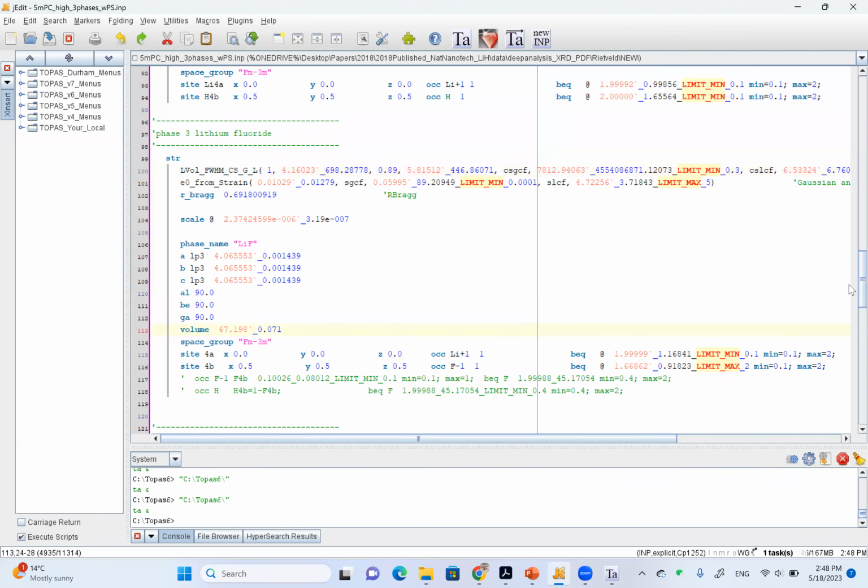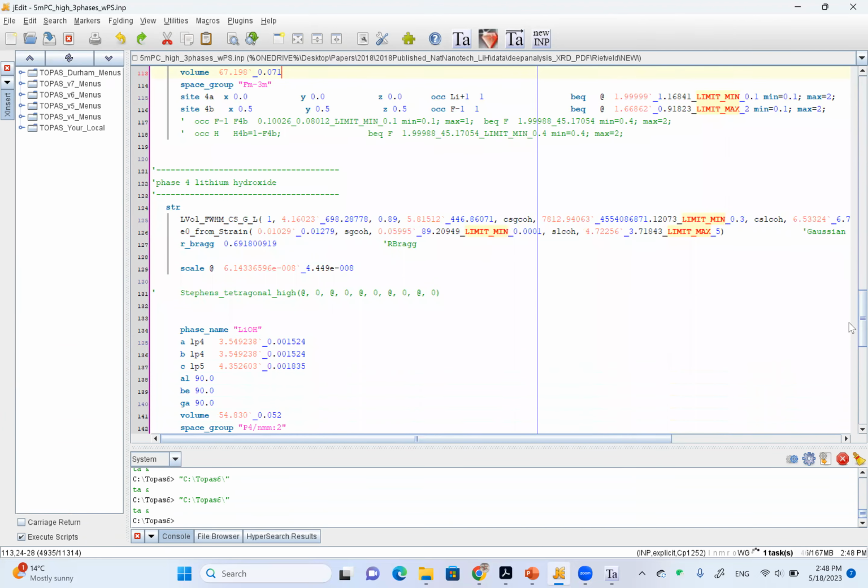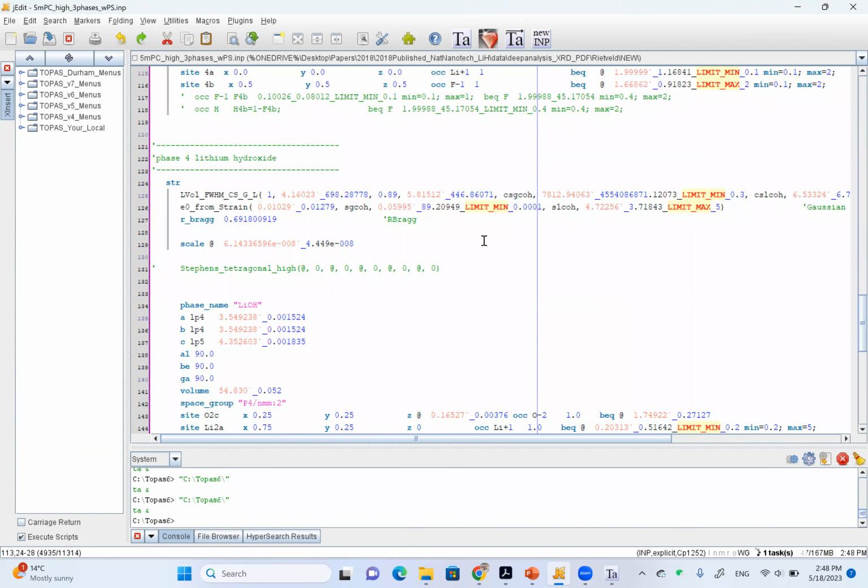Okay. And for lithium hydroxide, we also do the same thing. You also see a very small number, 0.4, for the dV value. That's suggesting the nanocrystallinity of this phase.